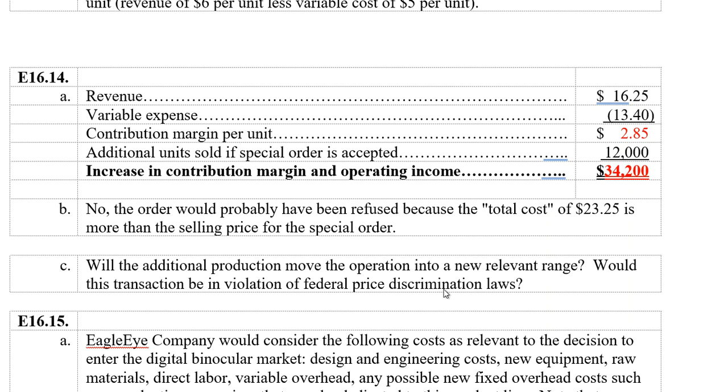What they're asking you is, we've got this offer to make and sell a whole bulk of new sales if we can sell them in bulk. They're going to buy 12,000 locks from us. Do we want to take this order on? Now understand that if we just looked at the $23.25 right here, we'd say there's no way, because they're offering us on those 12,000 locks $16.25.